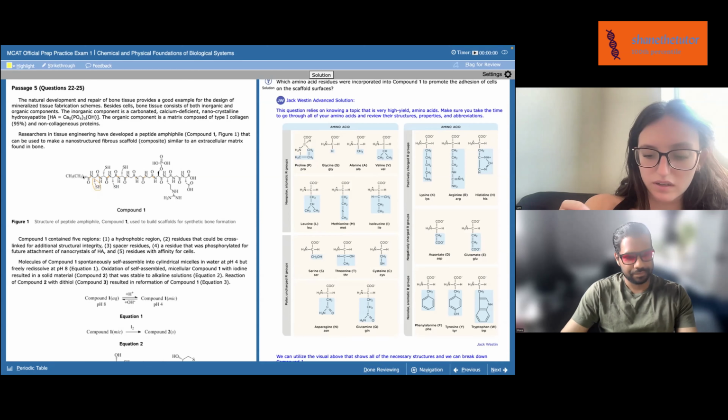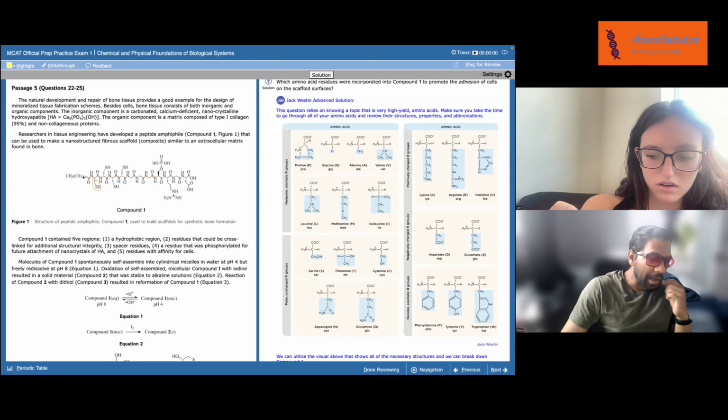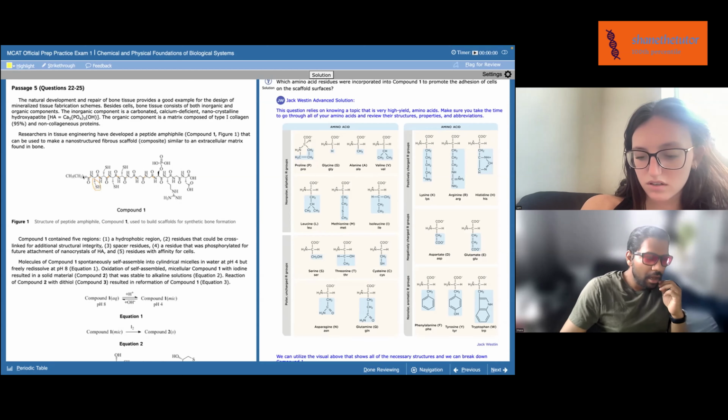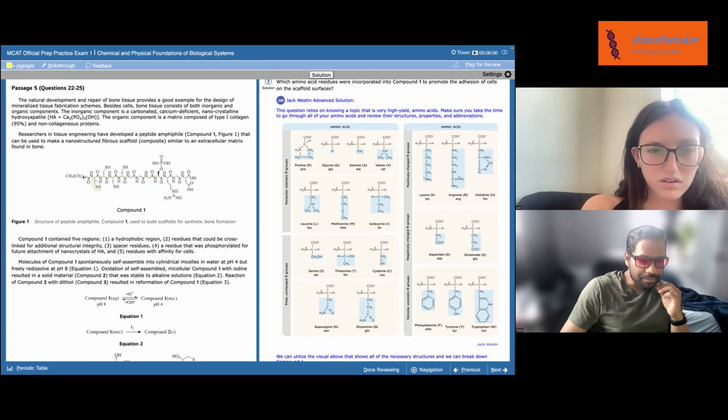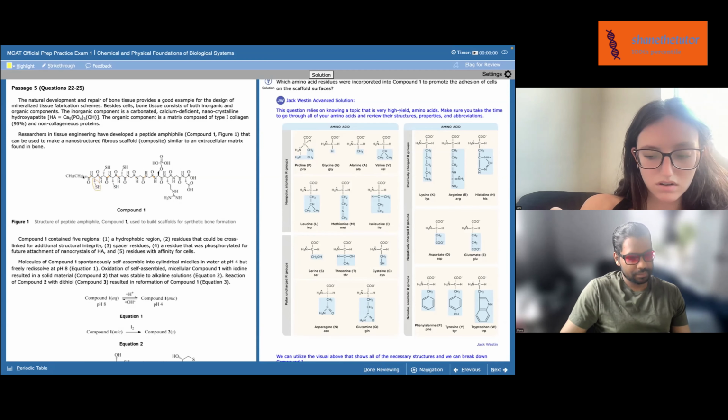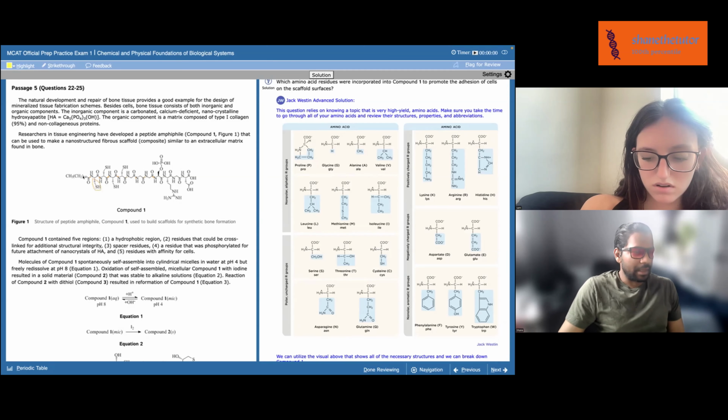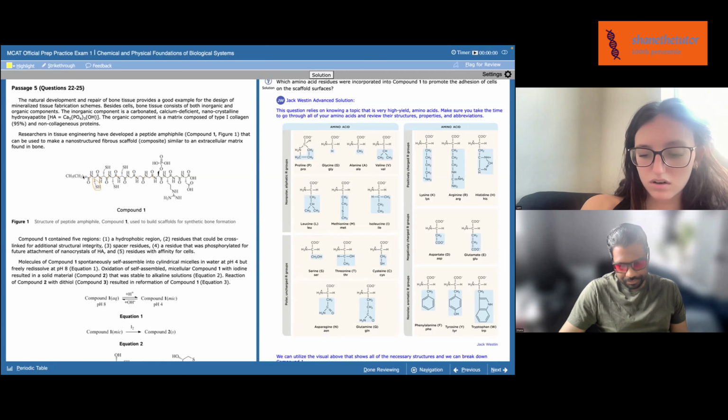Sulfur is in the STY ones. No, sulfur's in methionine. Anything else? And serine. Serine is one of the STY ones, though. So cysteine and methionine.